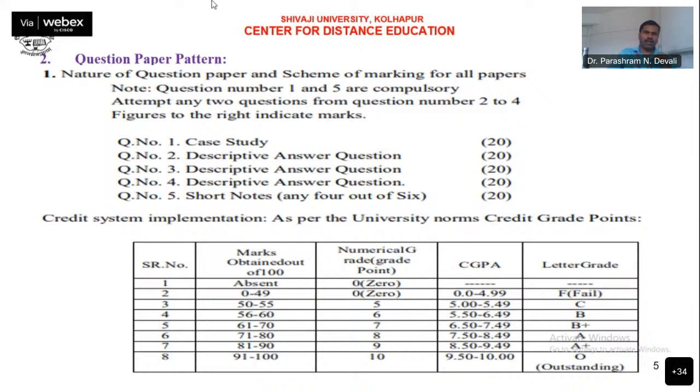Figures to the right indicate marks, meaning each question is for 20 marks. Then this is your scorecard, prepared by the university.